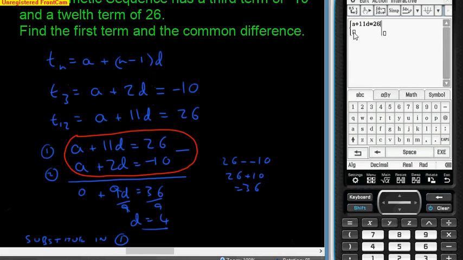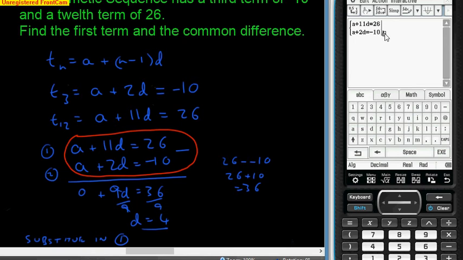Second equation is going to be a plus 2d equals negative 10. Only just fitting on my computer screen here. There we go, got it.